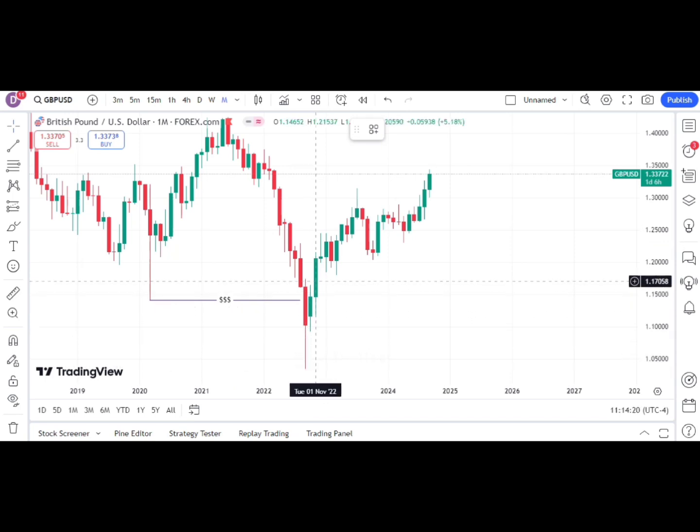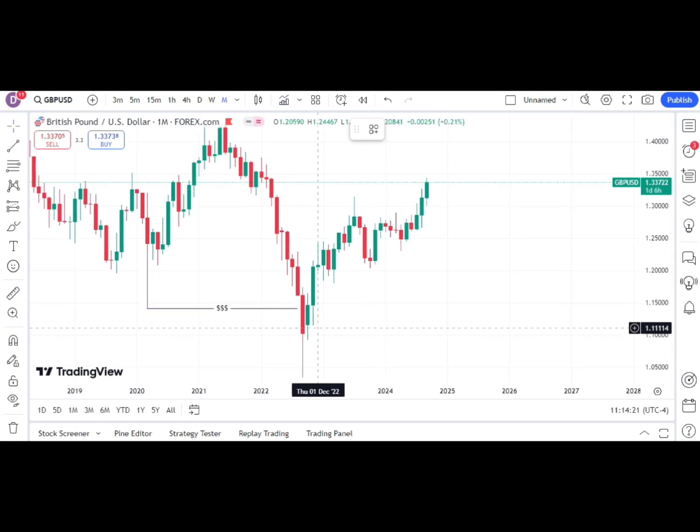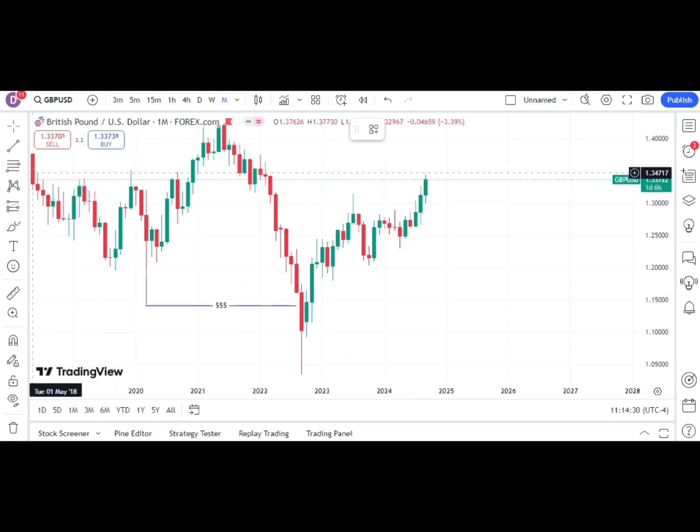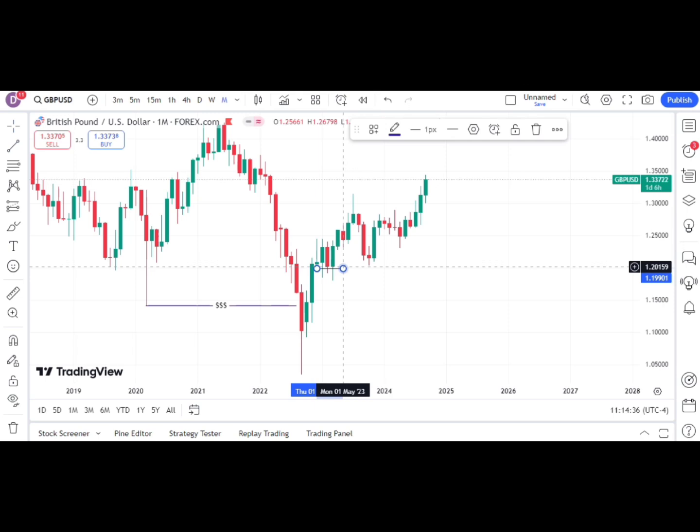Then price started rallying up from October 2022, as you can see. Quickly, price created a fair value gap.